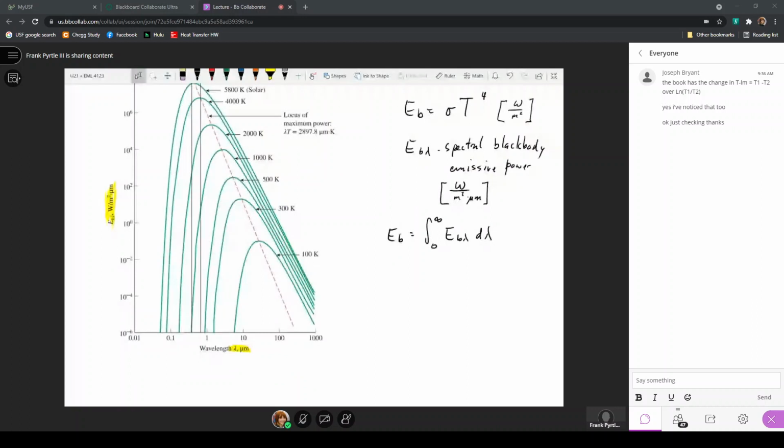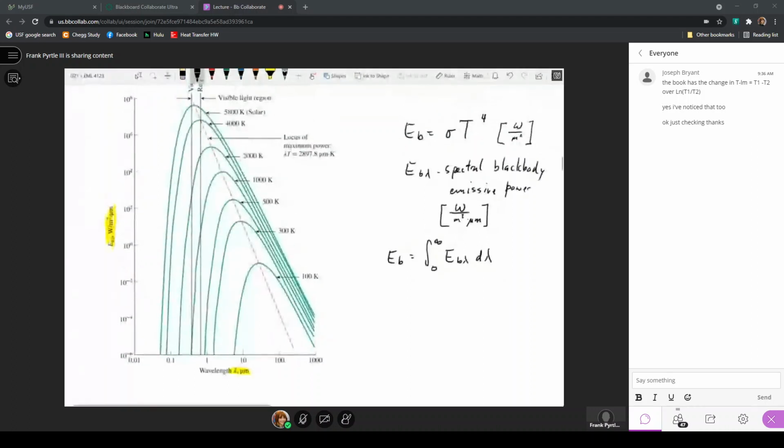Now, for the black body emissive power, let's say for 5800 Kelvin, this line starts here and is up and over. And I'll just project it all the way back down to the x-axis. Well, beyond wherever it intersects the x-axis, actually I'll draw it in green here, the value is 0.